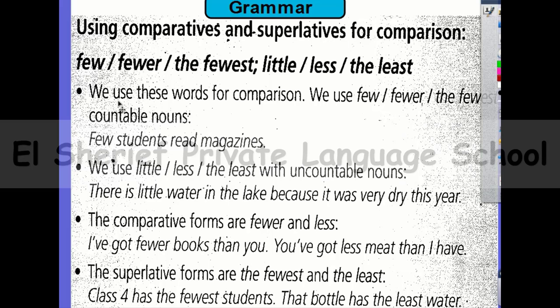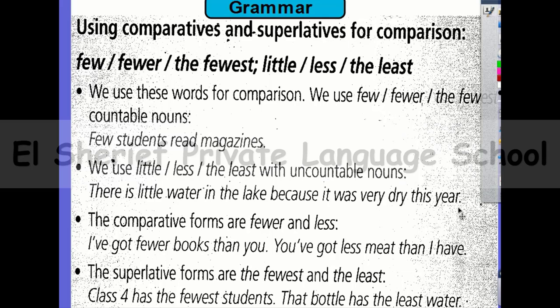We use few, fewer, the fewest before countable nouns. For example, few students read magazines. Number 2, we use little, less, the least with uncountable nouns. For example, there is little water in the lake because it was very dry this year.